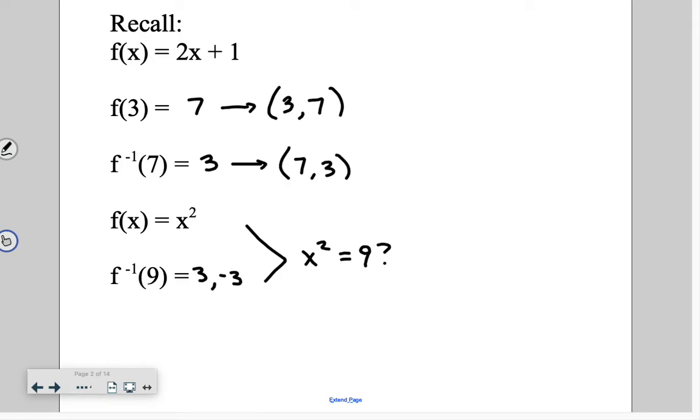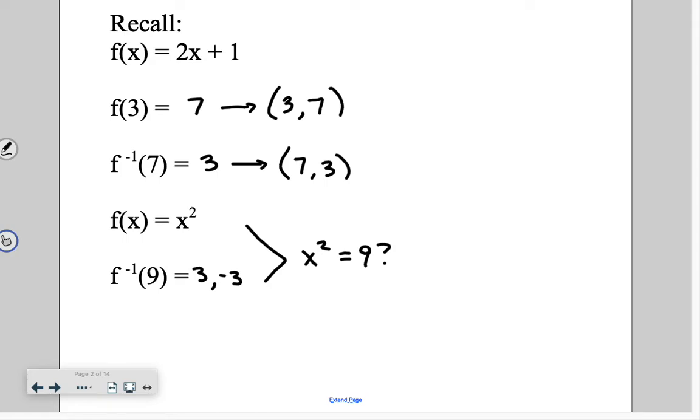I bring that up because today when we look at stuff, we want to end up with one answer. And so when we go through and talk about inverses, we're going to limit some things a little bit so that we don't end up with more than one possible answer. We want to end up with one right answer. Okay? So this is to refresh your memory a little bit about inverses and the idea of getting one right answer versus more than one possible answer.